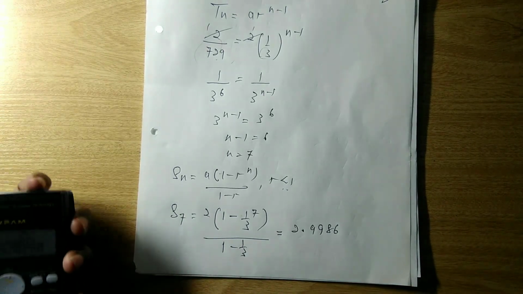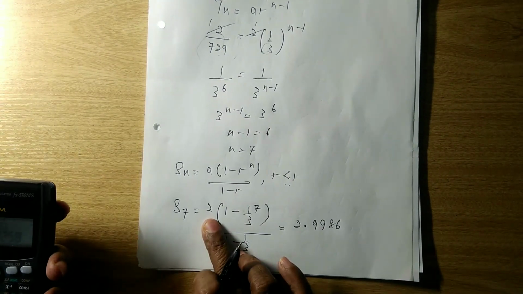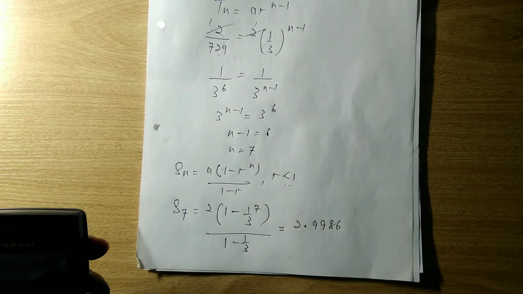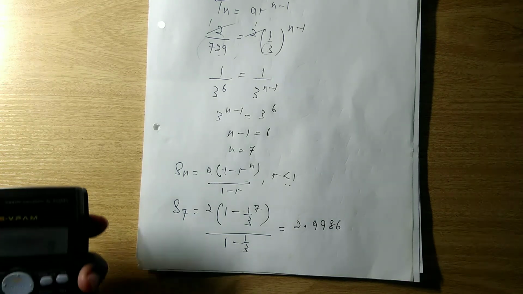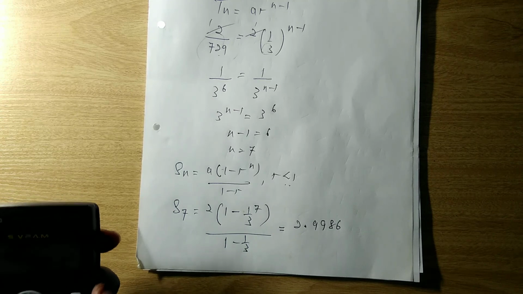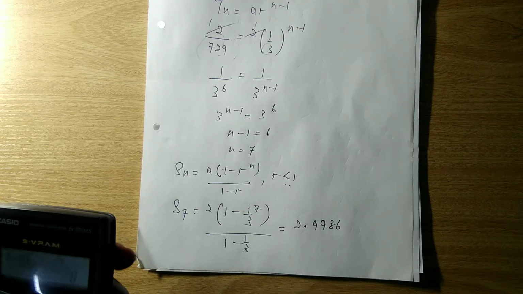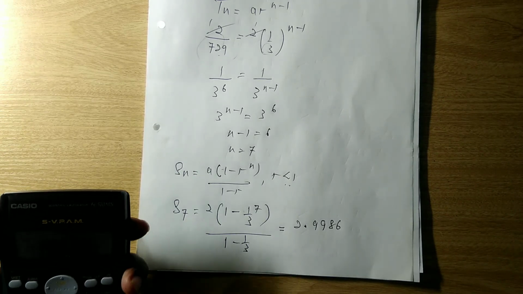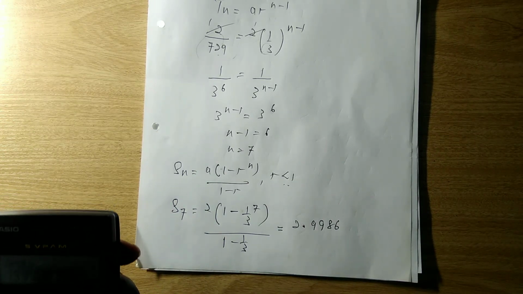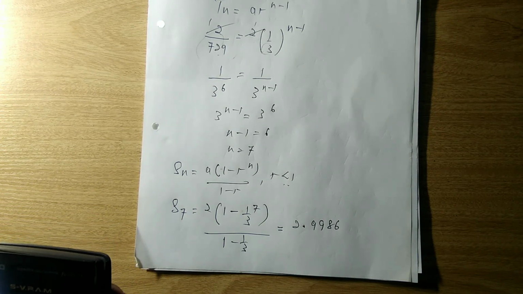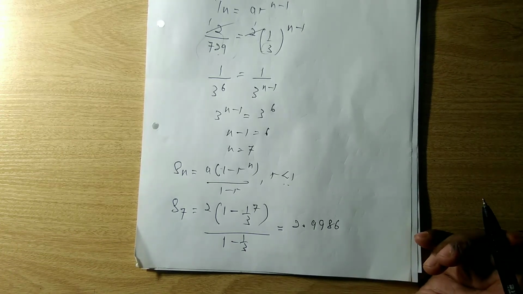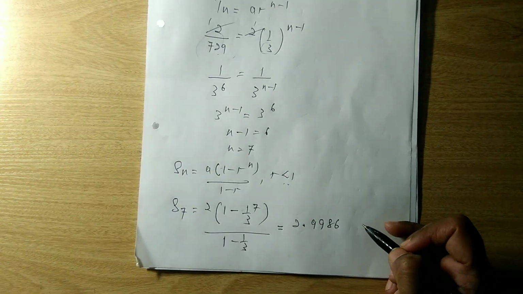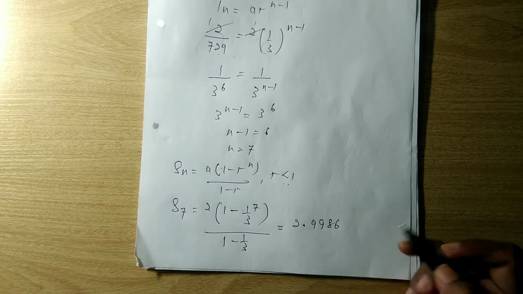Just double check one more round: r is 1/3, a is 2. 1 minus 1/3 to the power of 7, times 2, then divide by 2 over 3. You get 2.9986. I'll leave it as that.